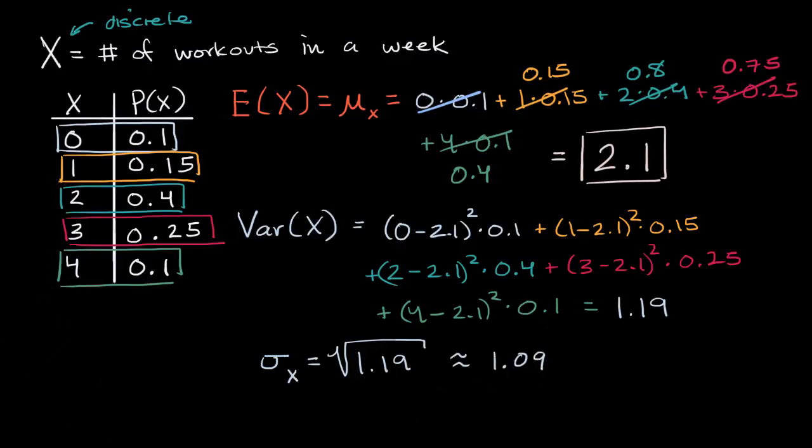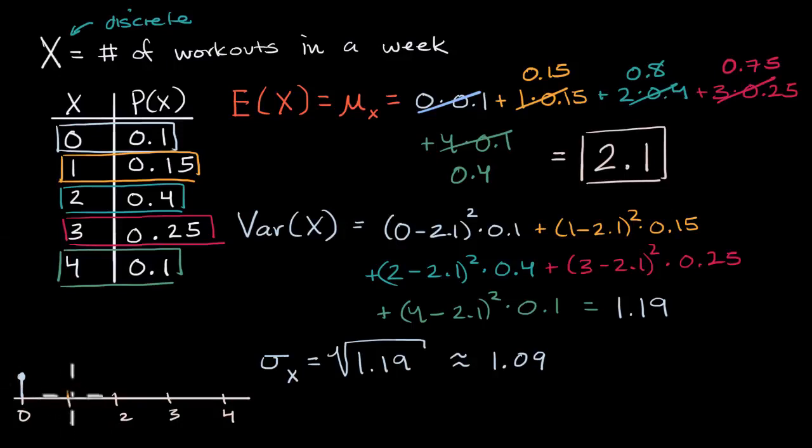Let me put this all on a number line right over here. So you have the outcome 0, 1, 2, 3, and 4. So you have a 10% chance of getting a 0. So I will draw that like this. Let's just say this is a height of 10%. You have a 15% chance of getting a 1, so that'll be 1.5 times higher.